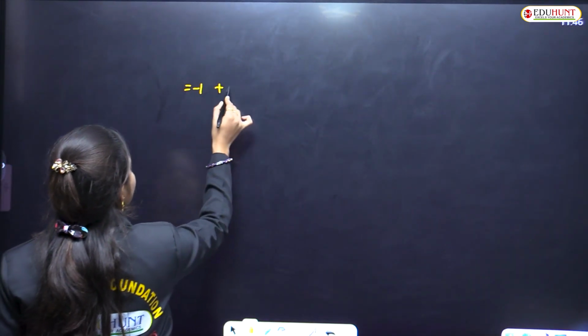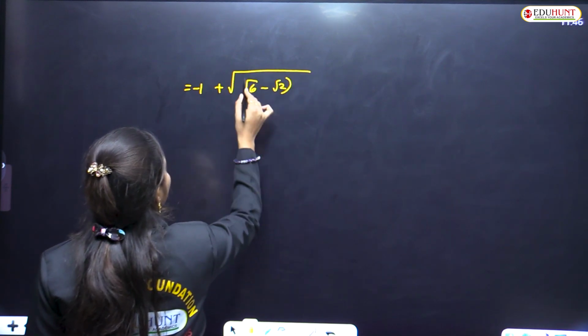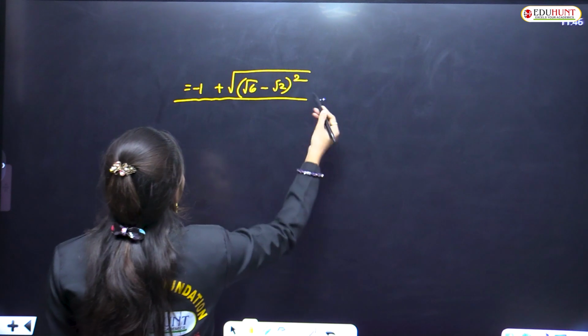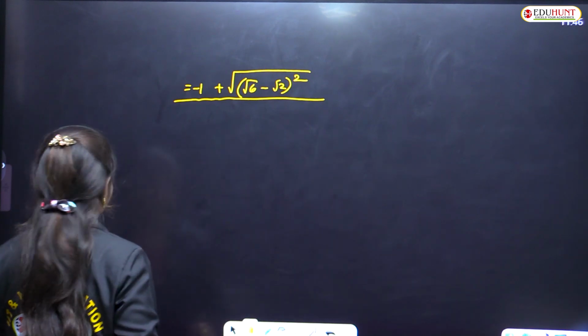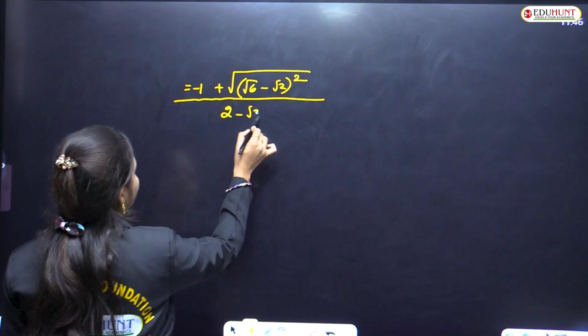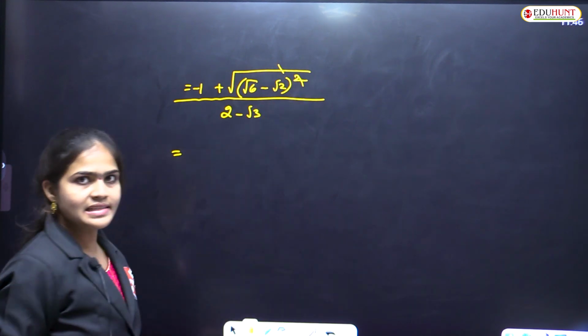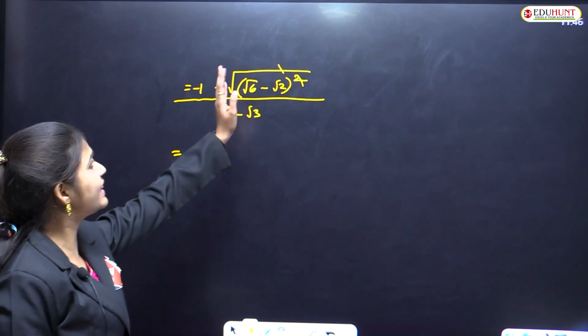minus 1 plus square root of (root 6 minus root 2) whole square, whole by, here we have 2 minus root 3. Now simplify this. Here square and root get cancelled. Why? Because we are writing that square root only.